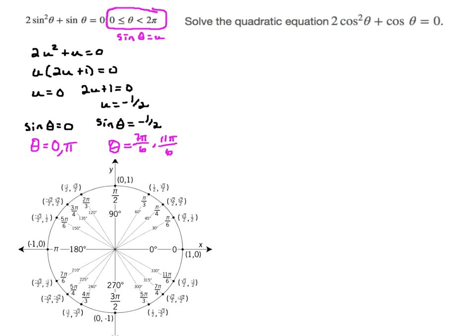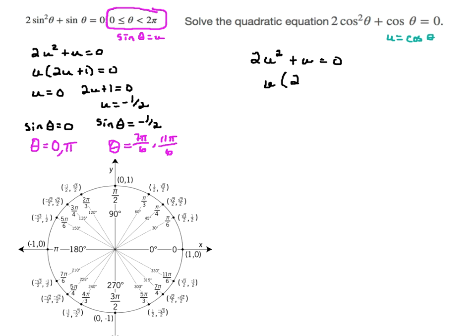Okay, so we'll go ahead and make a substitution with this one as well. We'll say that u is going to be equal to the cosine of theta. So I have 2u squared plus u equals 0. It looks exactly like the other one, but now we're looking at cosine instead of sine.